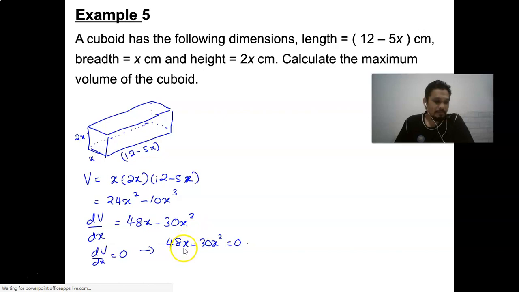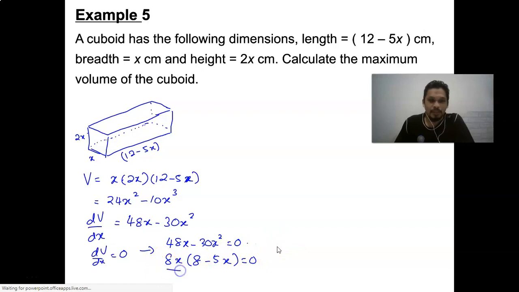Okay, so factorize this. Let's say we divide by 6: 6 times 8x, and 6 times 8 equals 48, minus 5x, make it equal to 0.